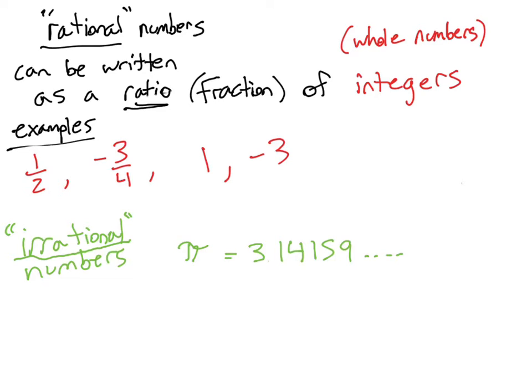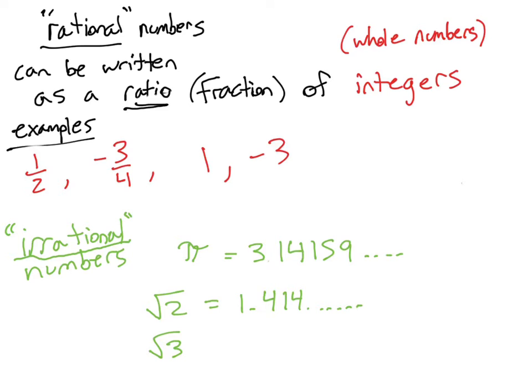But another very common set of irrational numbers are any square roots that cannot be simplified as perfect squares. Like the square root of 2, if you plug that into a calculator, it will be this infinitely long decimal. Or the square root of 3 is another example of an irrational number.